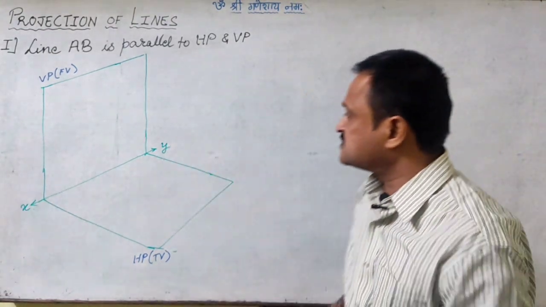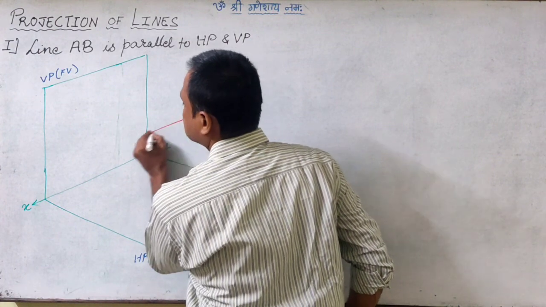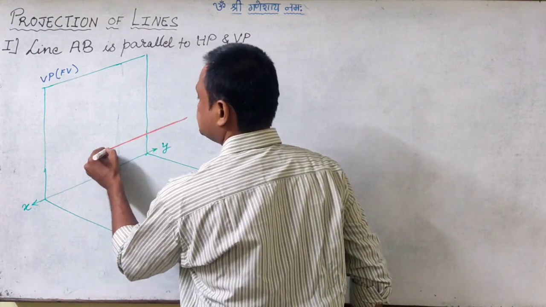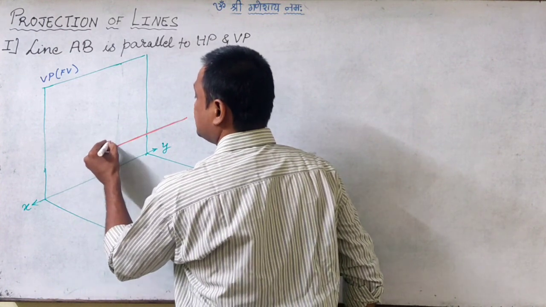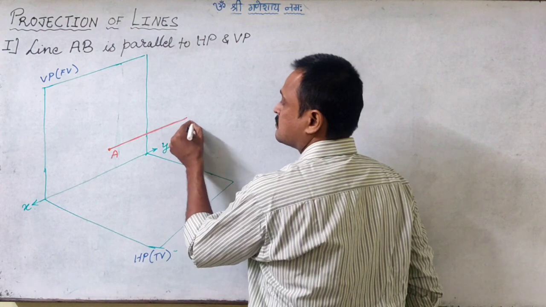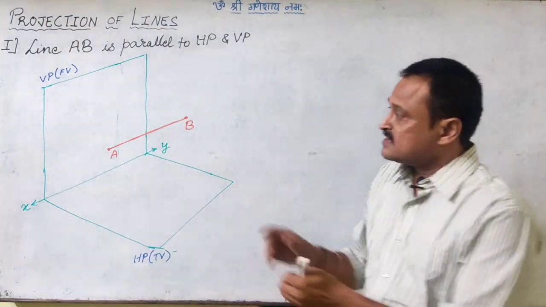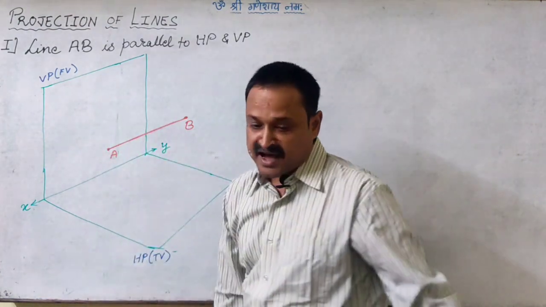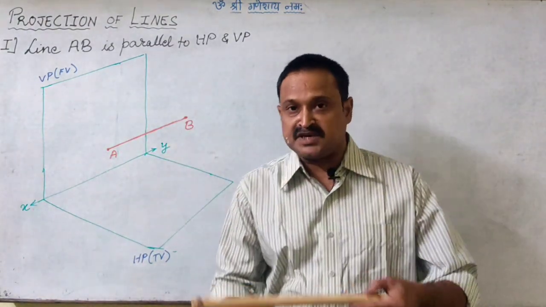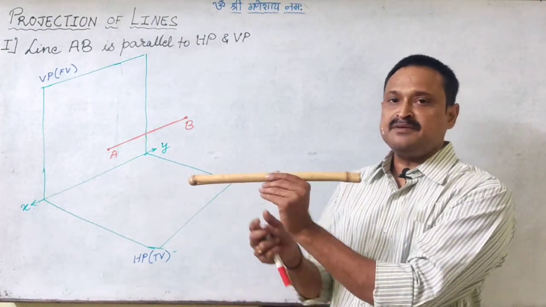So if I show the line as this, which is line AB, these are the ends of the line, such that line AB is parallel to VP as well as parallel to HP. Let us say this is the end A and this is the end B.